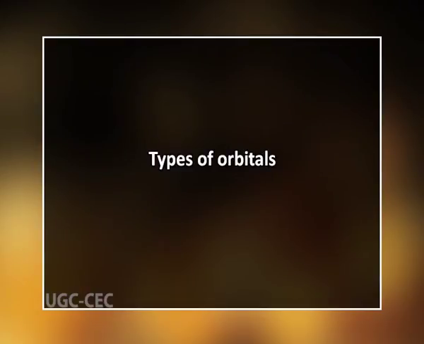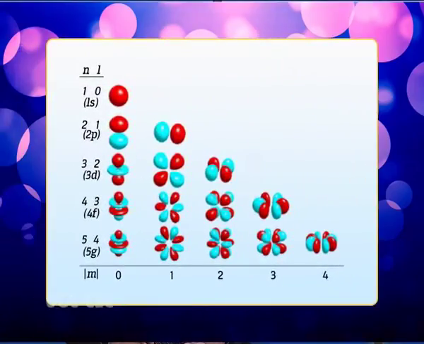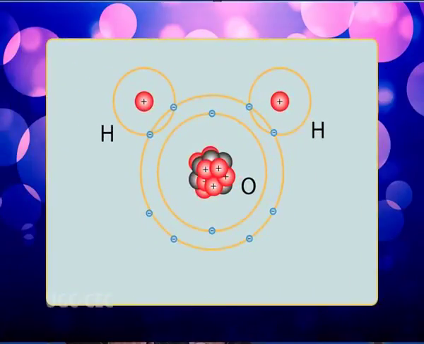Now, let us discuss the types of orbitals. Atomic orbitals can be hydrogen-like orbitals, which are exact solutions to the Schrodinger equation for a hydrogen-like atom, that is, an atom with one electron.